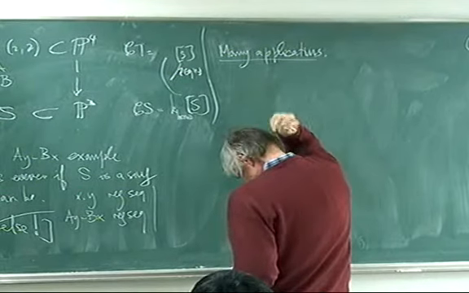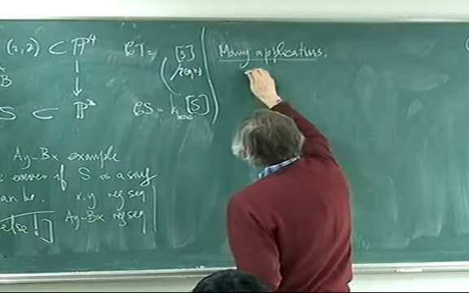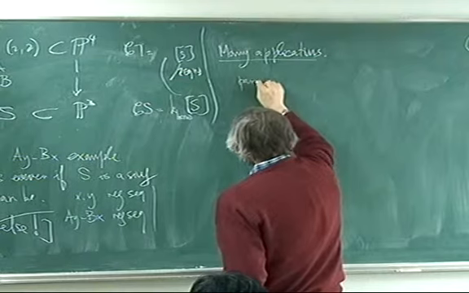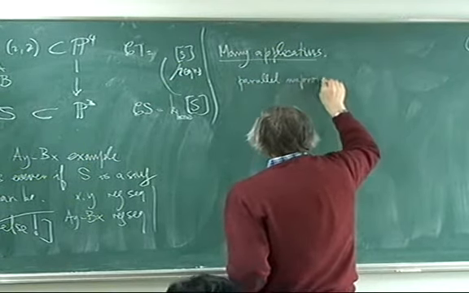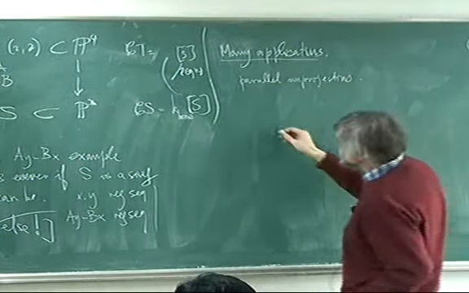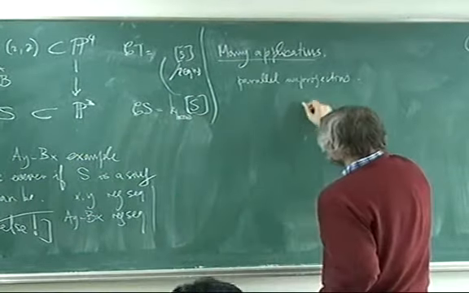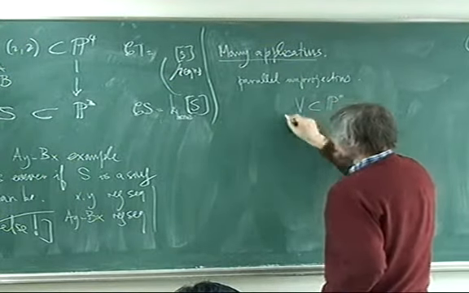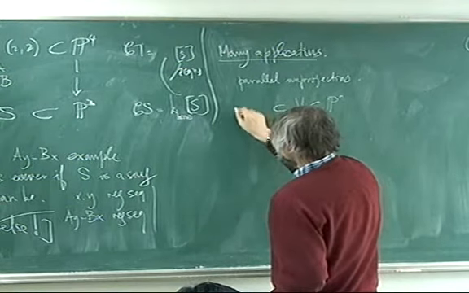Let me do just a couple of parallel projections. So suppose I want to really think in the same kind of naive terms here. So suppose V is in Pn, and suppose that it contains xy equals 0.